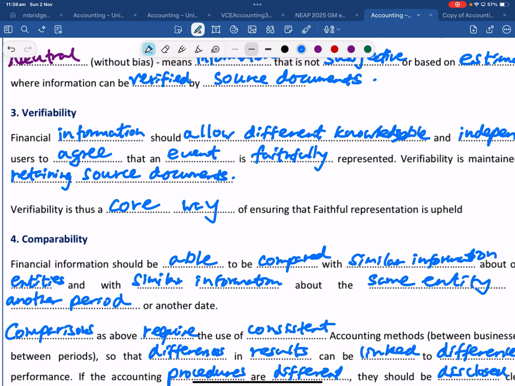What does that mean? Basically, it is done by the support of the source documents. So, financial information, right? Let's say now we are going to provide our balance sheet and income statement to our parents. Let's say we have a business, or we are going to do a business.